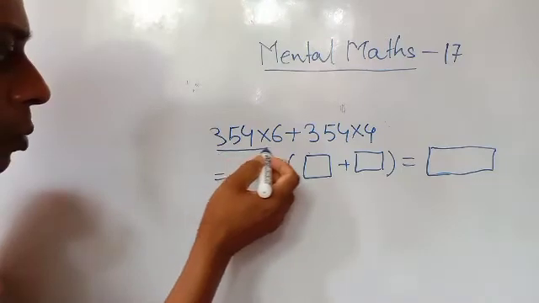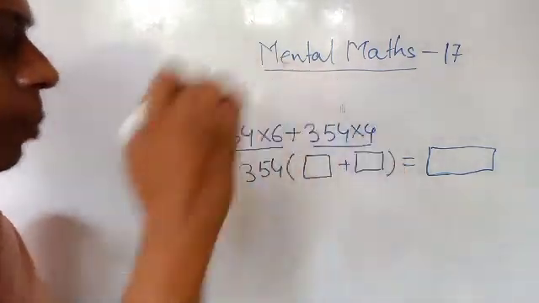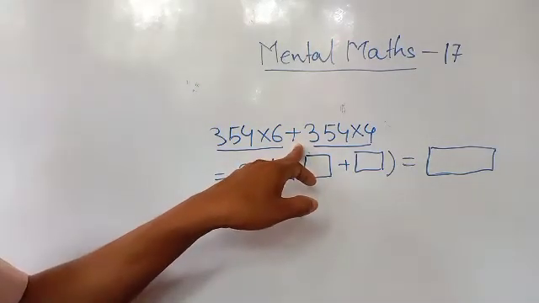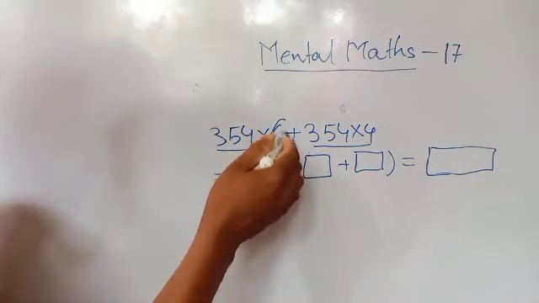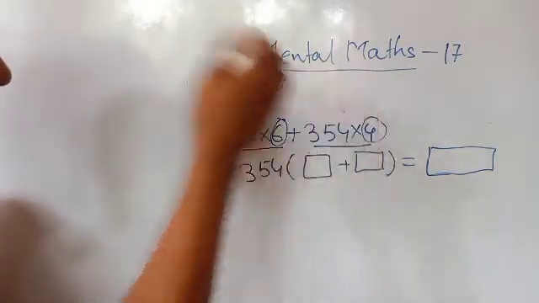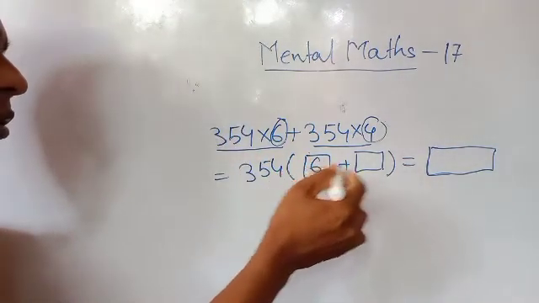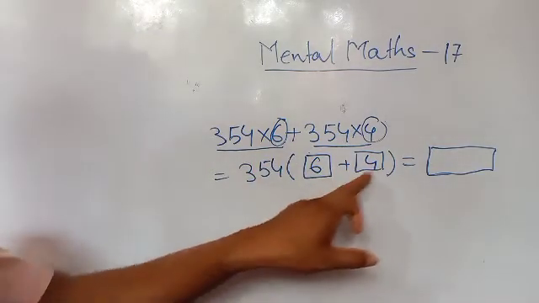Now first 354 you have to multiply by 6, then 354 you have to multiply by 4, and these two you have to add. So altogether you have to multiply by 6 and 4, then add, that is altogether you have to multiply by 10.